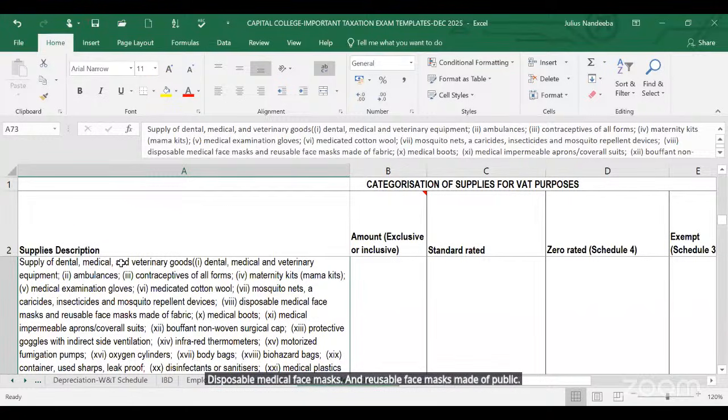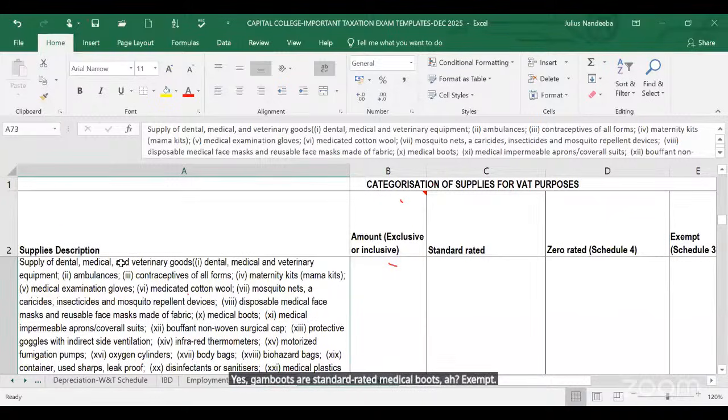Medical boots, guys, medical boots and gum boots are totally different things. Gum boots are standard rated. Medical boots are exempt because they are attached to medical. I saw students asking me, but you see, we have seen boots this side and gum boots this side. Yes, gum boots are standard rated, medical boots are exempt.